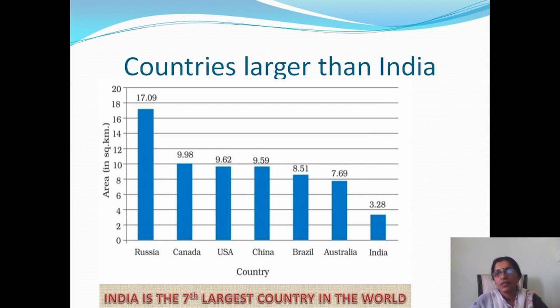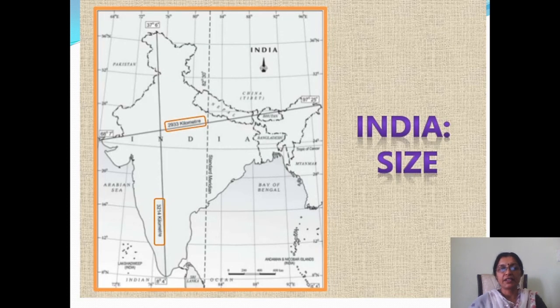Brazil is a South American country. Australia itself is a continent and country as well, and India lies in southern part of Asia. You have to draw bar diagram showing 7 largest country of the world. Have a look. Now let's move to next slide.